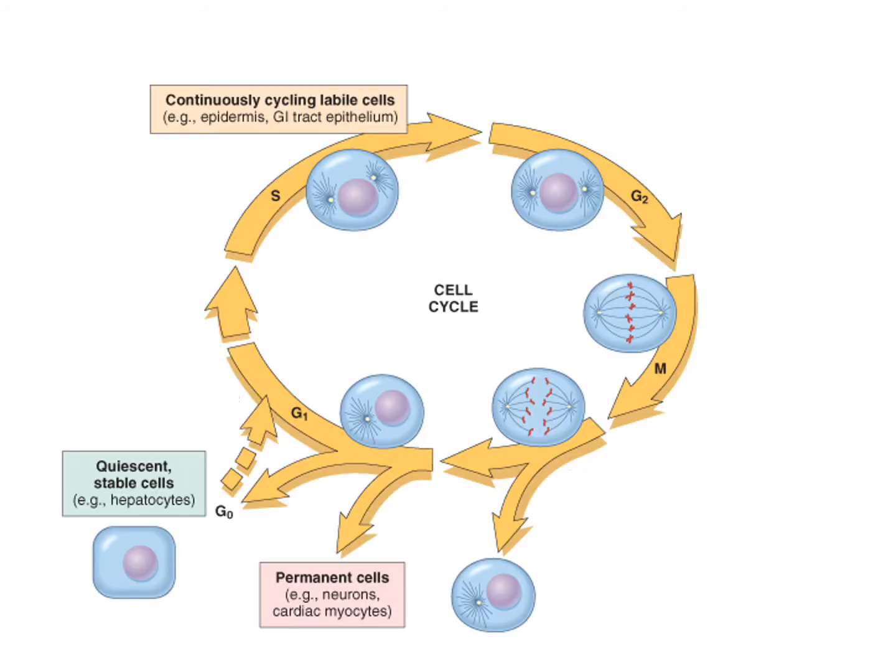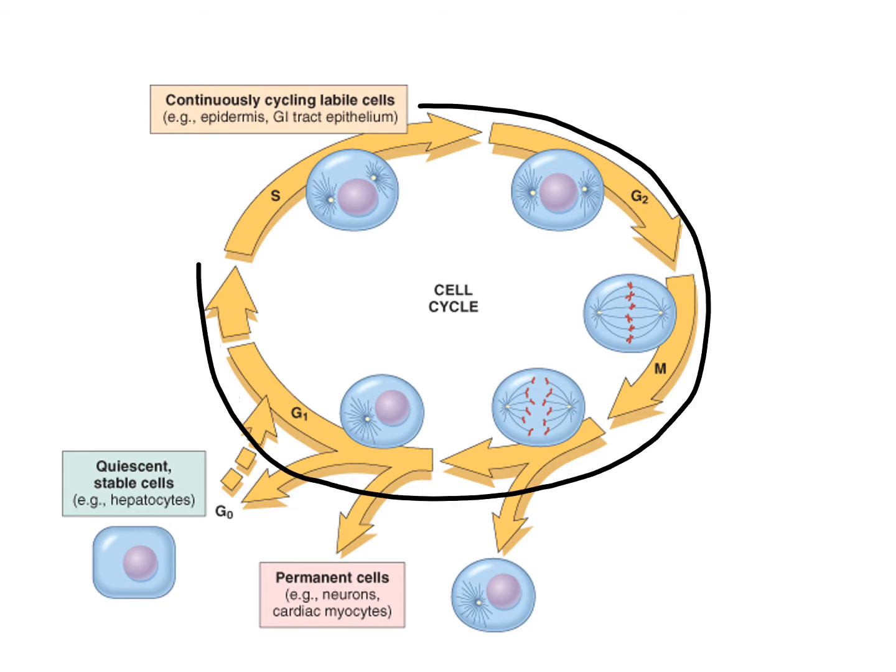So here's the cell cycle, just to kind of point out to you where each of these types of tissues, where those cells live in the cell cycle. So starting at the top, continuously dividing or continuously cycling cells. The more common name for this is labile cells or labile tissues. These are composed of cells that are constantly undergoing regeneration, even just from daily wear and tear.